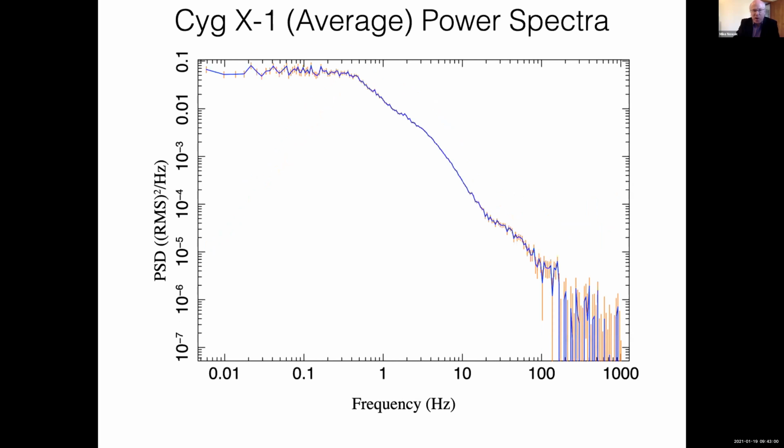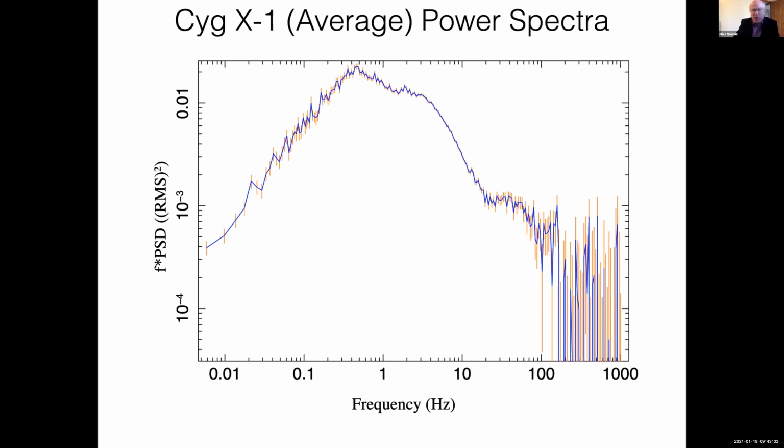So looking at the power spectrum, multiplying by frequency, we see where the largest contributions to the integration of the power spectrum are, which is really saying in the case of Cygnus X-1, most of your variability is lying between 1/10 of a second to 10 seconds.